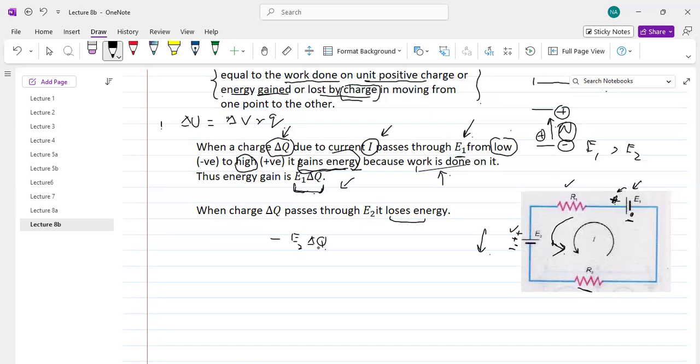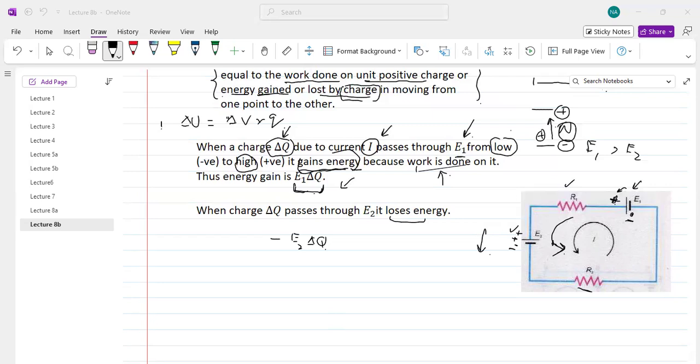In order to distinguish between energy loss and energy gain, we make a convention that loss of energy is negative and gain of energy is positive. And now we go to the case of resistances.